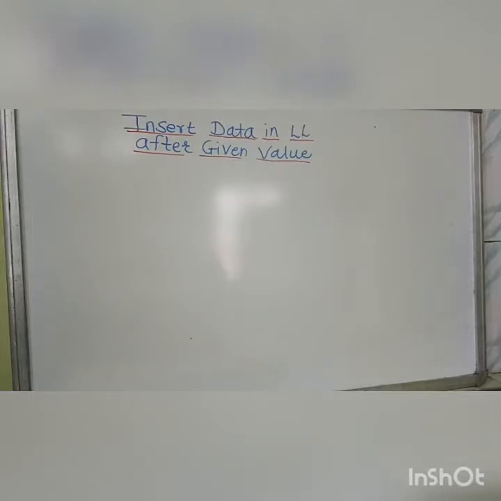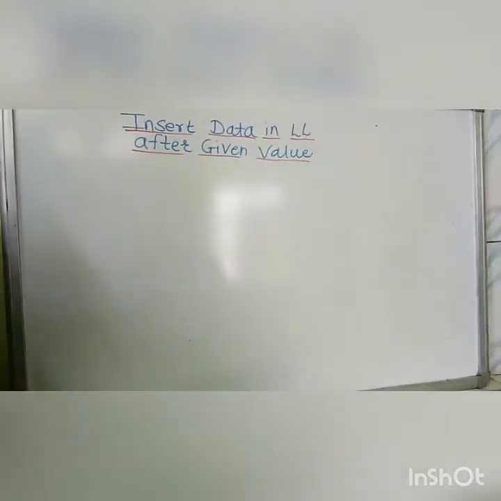In this video, we will see how to insert new items in a previously created linked list. Means we have to consider a case where we are given a linked list which is already created, and now we have to only insert the elements in different situations.